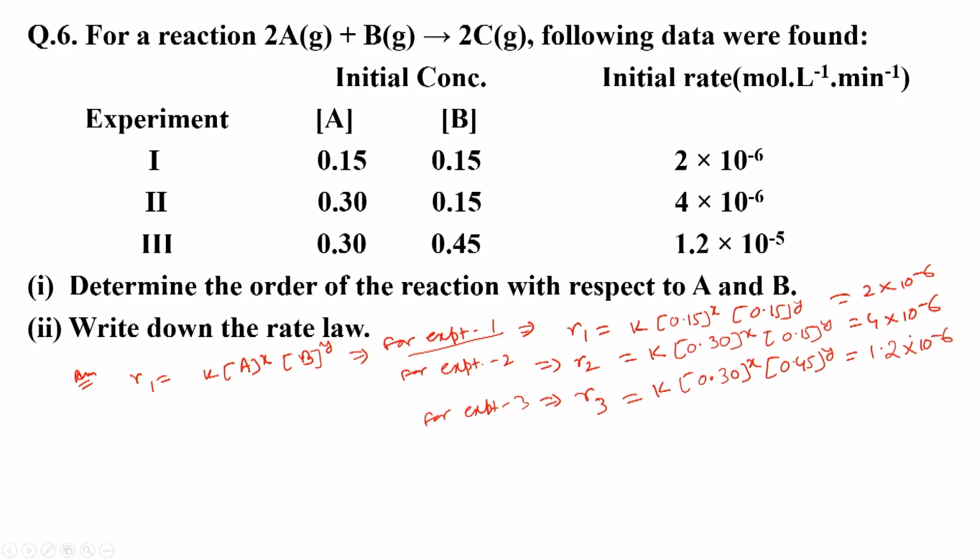Now if we compare experiment 1 and 3, we see that when the concentration of A is getting doubled and the concentration of B is getting tripled, from experiment 1 to 3 the rate of the reaction becomes 6 times. Now if we divide R1 by R2, we get 1 by 2, or R2 by R1 is 2.